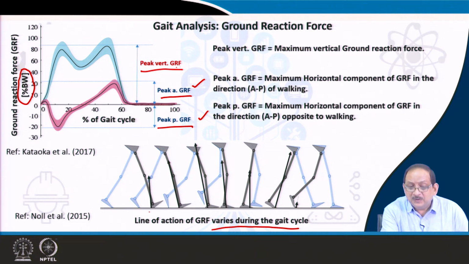The line of action of the force vector, as you can see, is varying quite a lot during the different instants of the stance phase, because the ground reaction force acts only during the stance phase. During the swing phase, the leg is swinging in the air and not in contact with the ground.